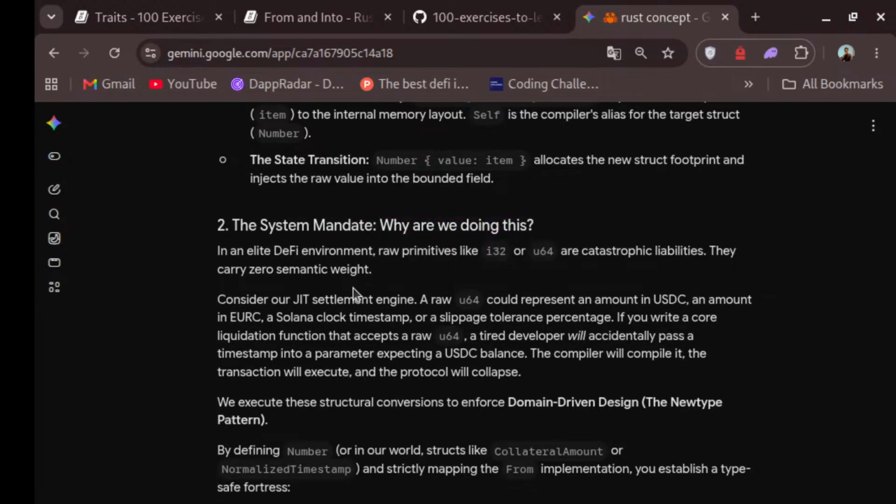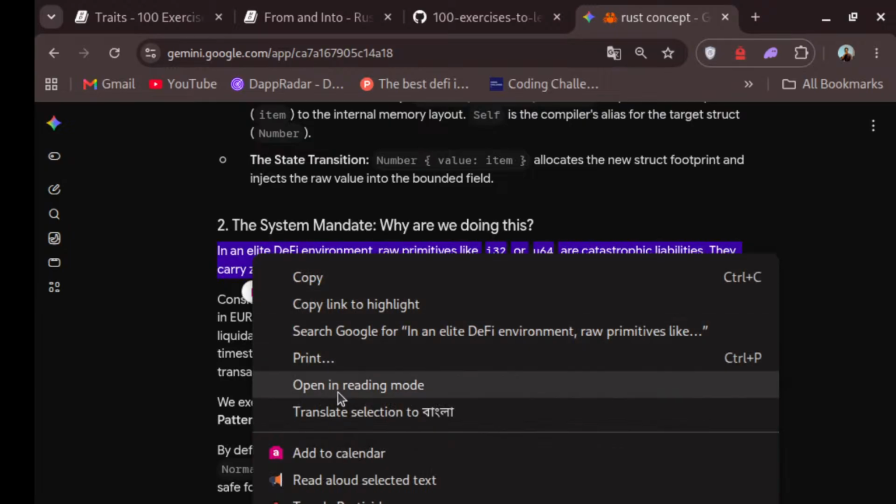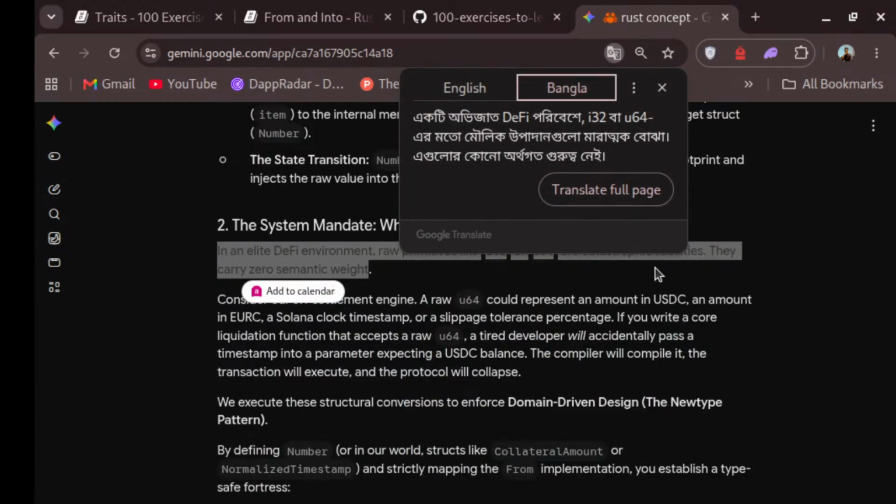Okay, I have to know that. So in the elite DeFi environment, raw primitives like i32 or u32 are a catastrophic liability. They carry zero semantic weight. This is new for me, I never heard this, zero semantic weight.